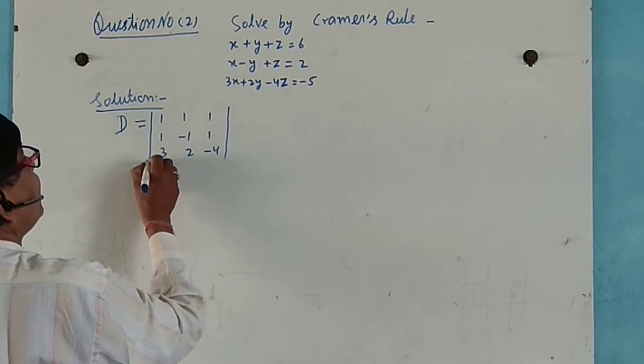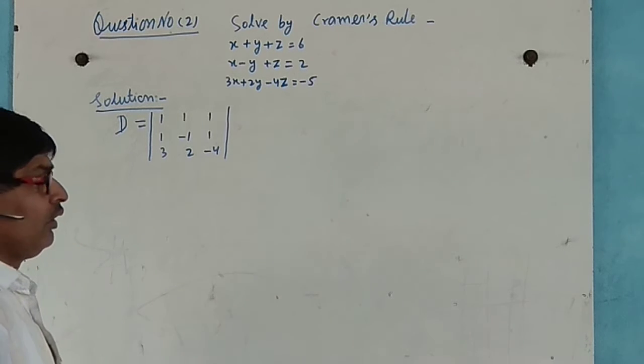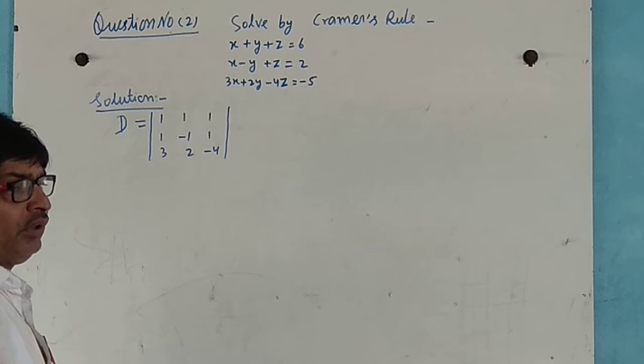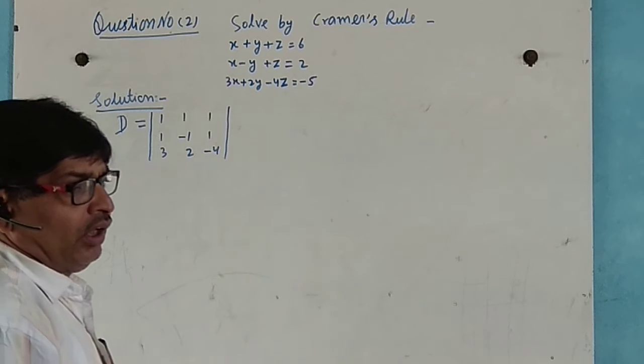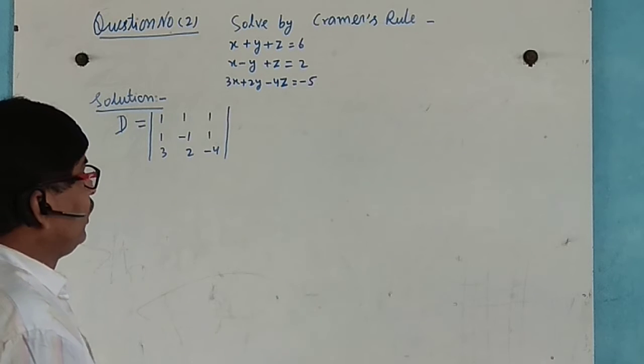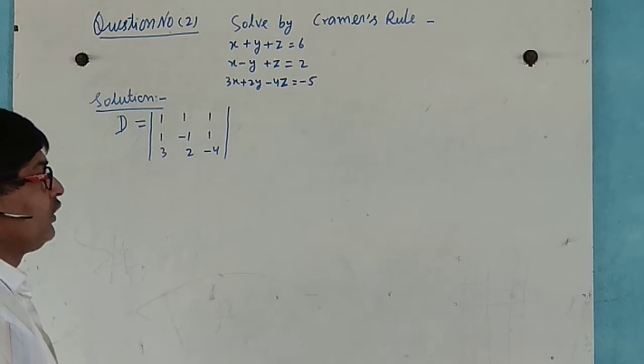The value of this we can expand along any row or any column directly, and we can also calculate after applying properties.